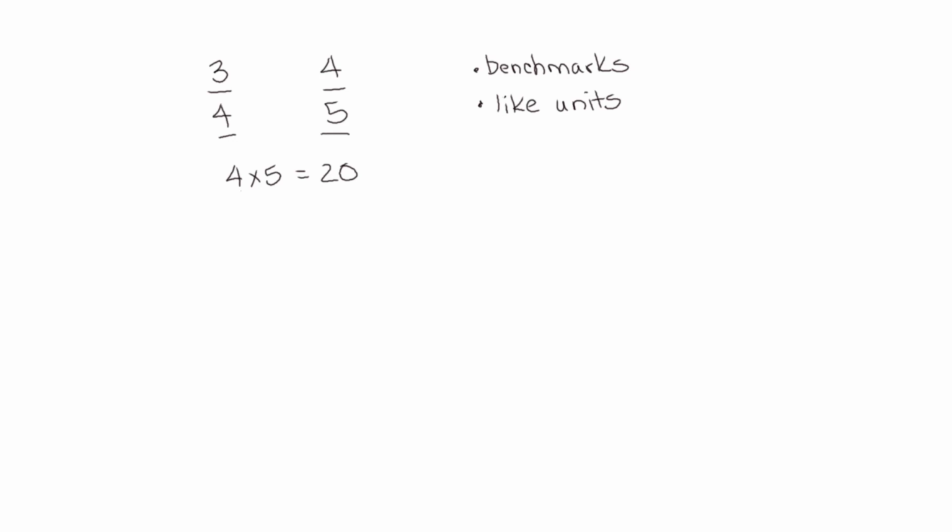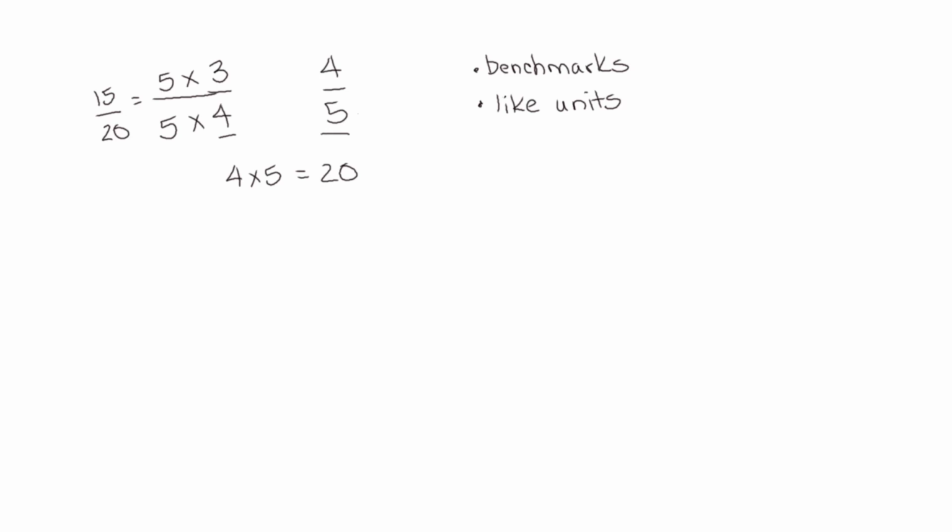And since we've multiplied 4 times 5, then we know that both 4 and 5 have to be factors of 20. So in order to get 20 for this fraction, we're going to multiply by 5. So we're decomposing the denominator by 5, and we're decomposing the numerator 5 times. And if we multiply, we get 15/20.